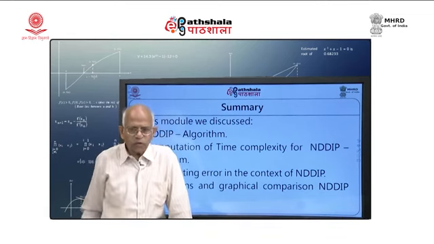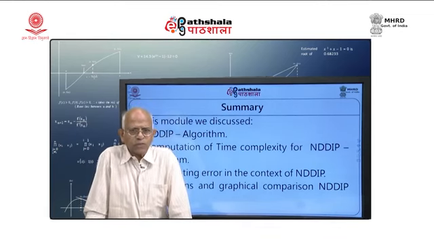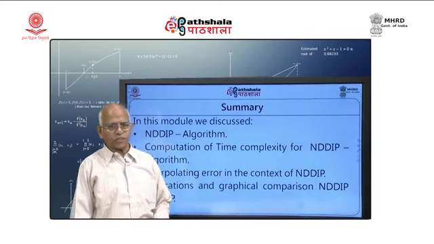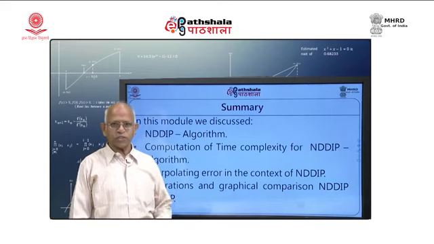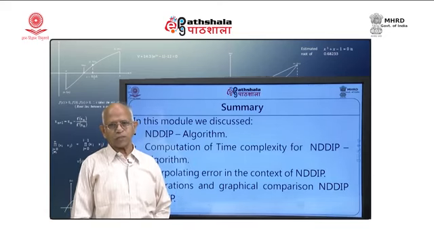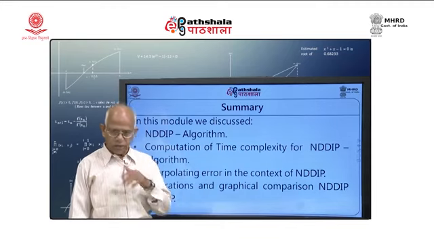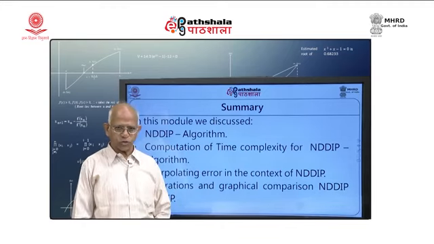So, in this module we discussed Newton's divided difference interpolation algorithm. Then we discussed the time complexity of this algorithm, and the error in interpolation in the context of Newton's divided difference interpolation.